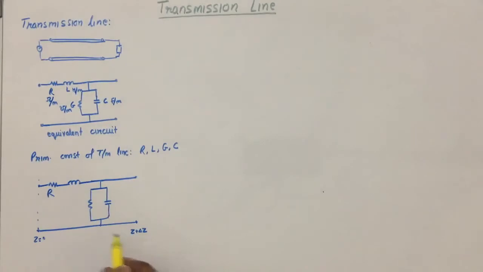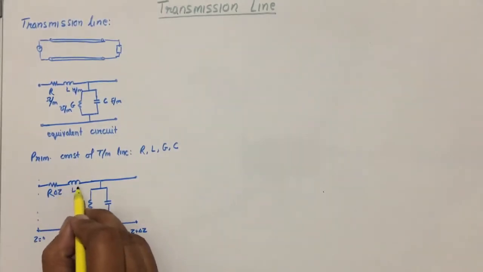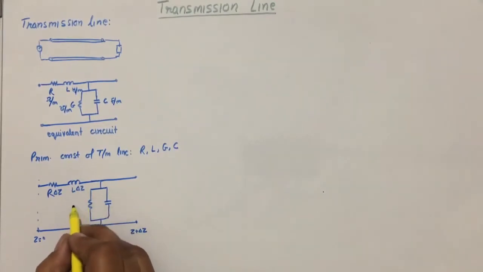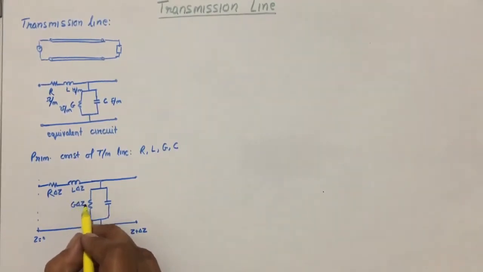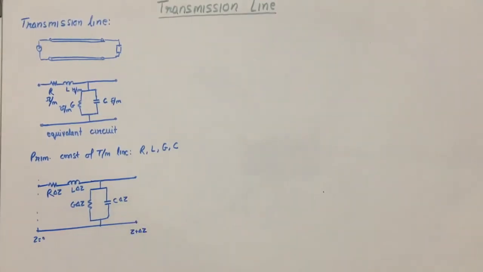So for delta z, the resistance will be R delta z, L delta z, G delta z, and C delta z. Now let us try to find the voltage and current wave equations from this equivalent circuit.